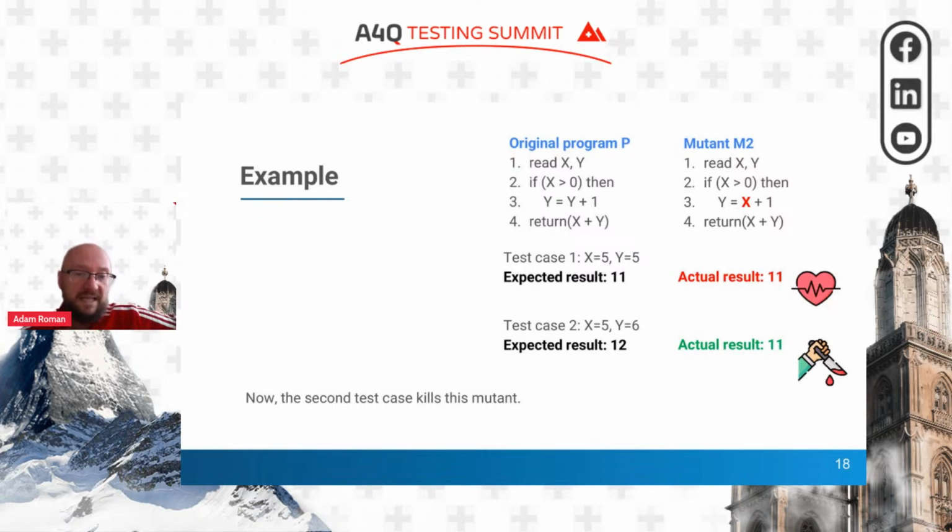For this second test case, the expected result would be 12, but the actual result will still be 11 because of this x in place of y in line 3. So the second test case killed the mutant, because the expected result was different than the actual one.